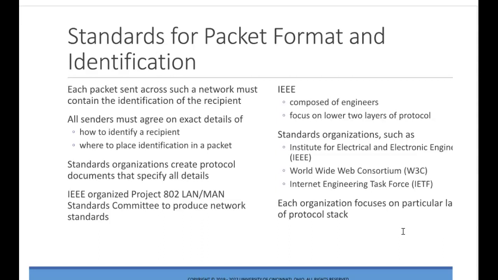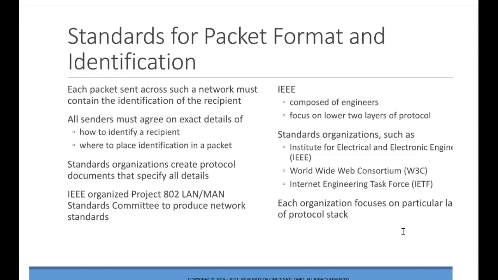Other standards organizations exist which emphasize particular layers in the stack. These include the World Wide Web Consortium, W3C, and the Internet Engineering Task Force, IETF. Each standards organization focuses on a particular layer of the protocol stack.